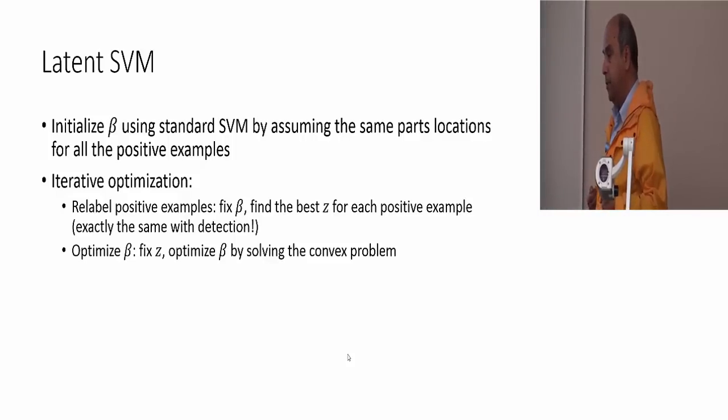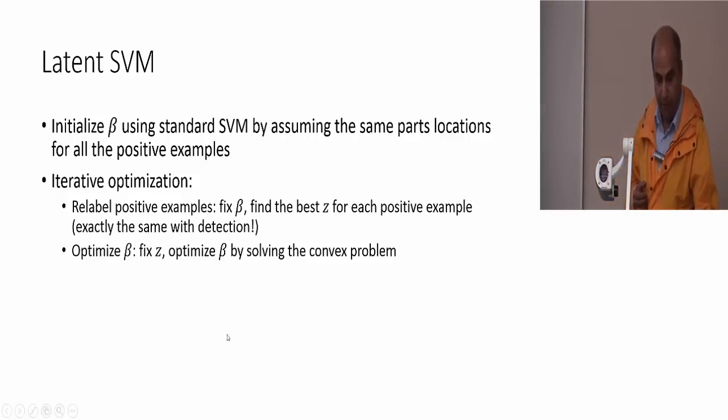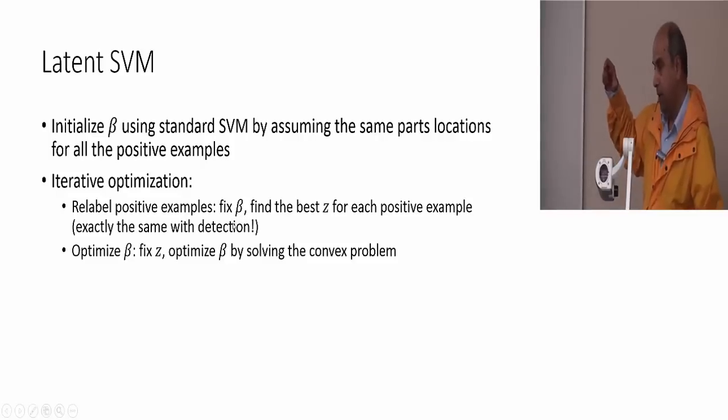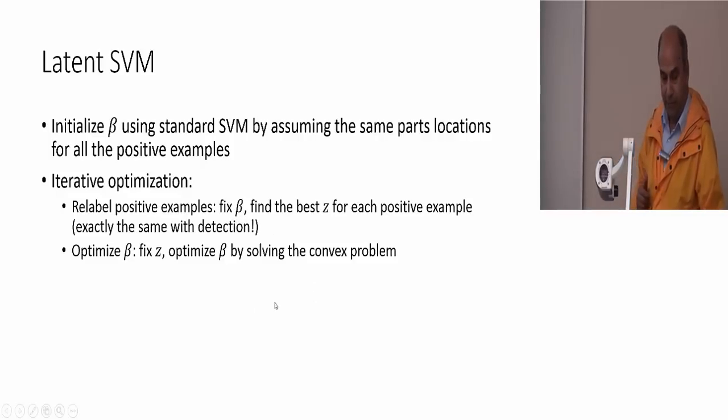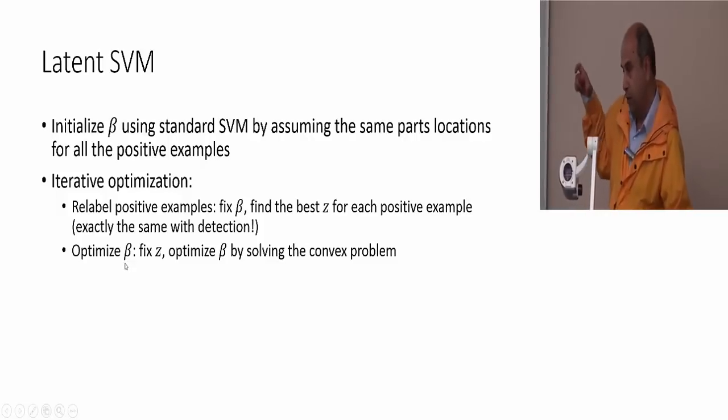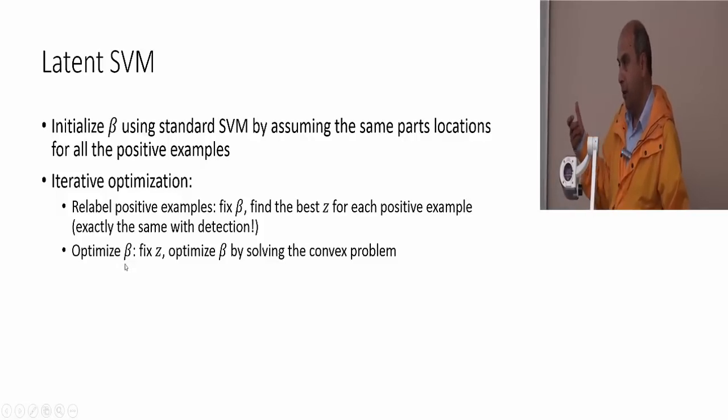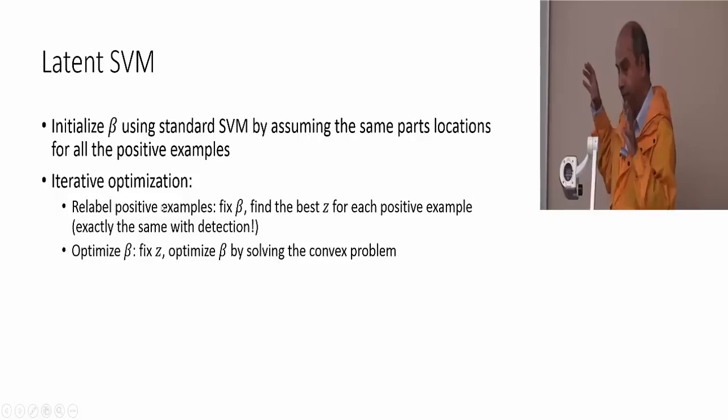Now the Z will change, because we have found the right location for each of the positive examples. So in this step, we are going to use the Z we found. Before, the Z was fixed for all the examples. That's the difference.